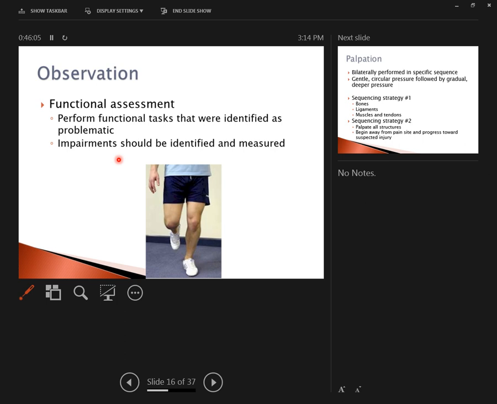And if you can picture the McMurray's test, the duck walk is actually very similar, but instead of the examiner putting pretty minimal pressure on the meniscus, in the duck walk, the person is applying their entire body weight to the meniscus. So you may get a better reading, you may get a better result by doing something more functional.